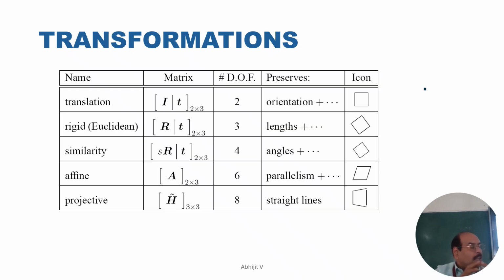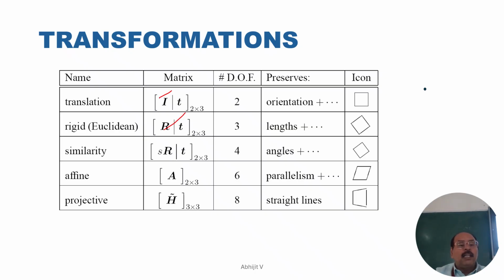So translation, we have transformation in 2 different angles. When it is rigid or Euclidean, we'll have 3. The mathematical expression is given here, the matrix form is given here. We'll see this in depth. Okay.